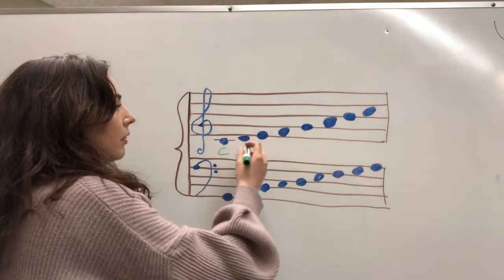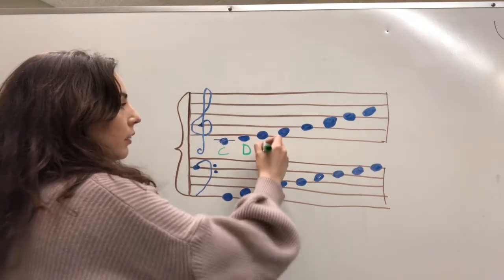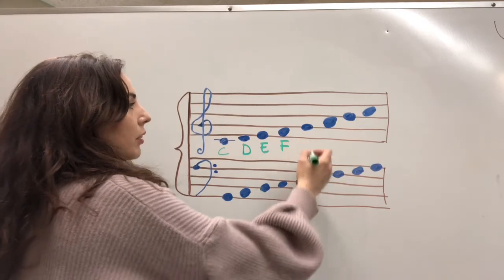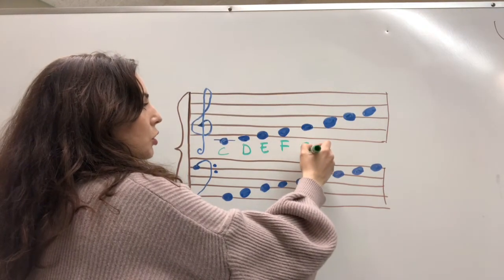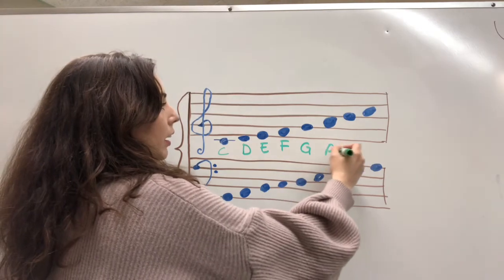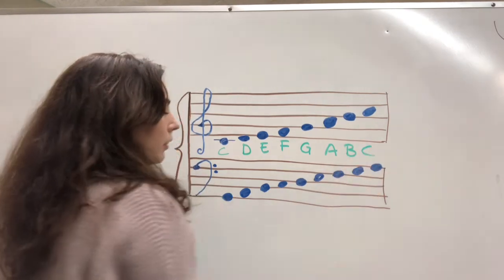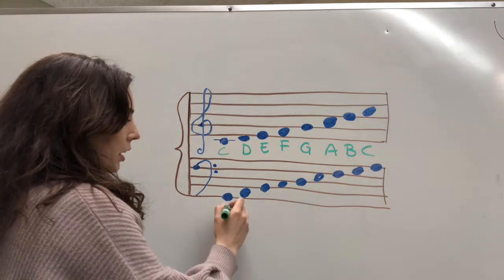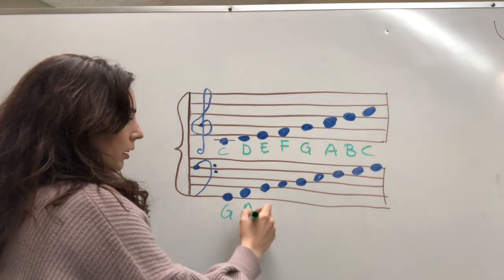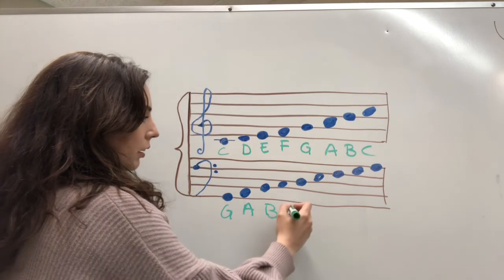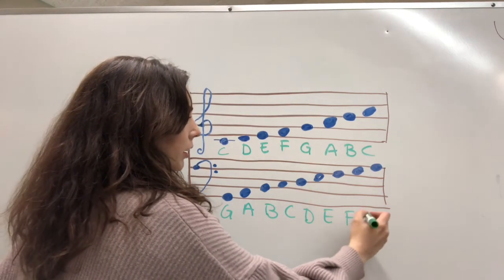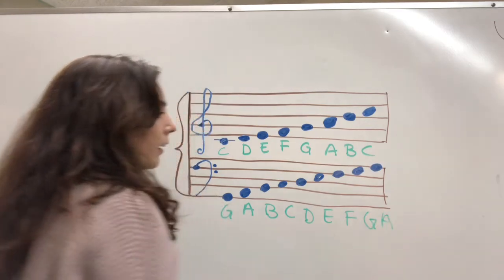So this would be C, D, E, F, G, A, B, C. Down here below the bass clef, this would be G, A, B, C, D, E, F, G, and A.